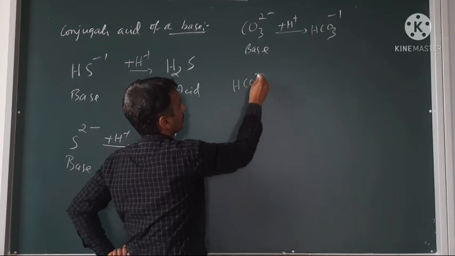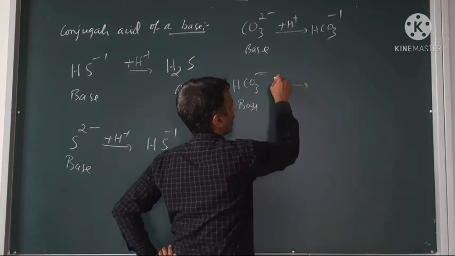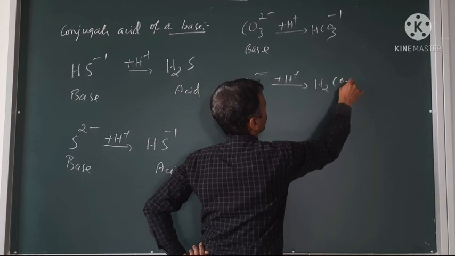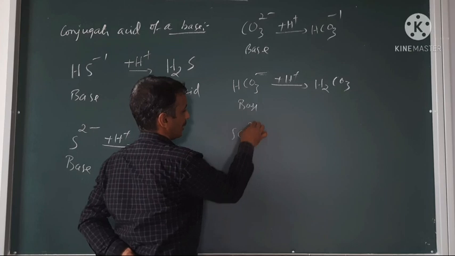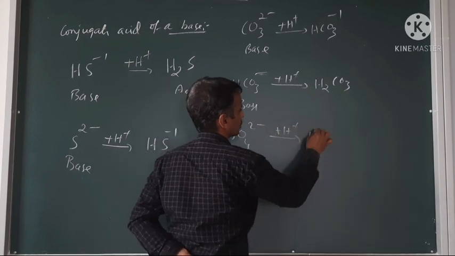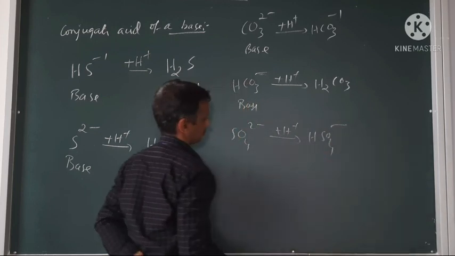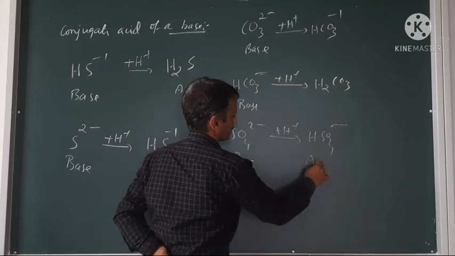HCO3 minus is a base, right? It's an acid, and again add H plus: H2CO3. SO4 2 minus, add H plus, here comes HSO4 minus. This is the base, this is the acid.